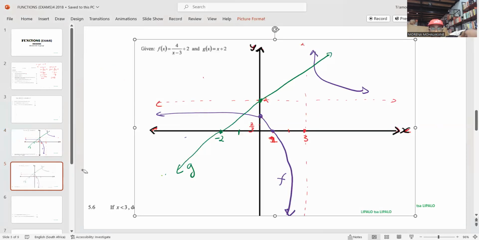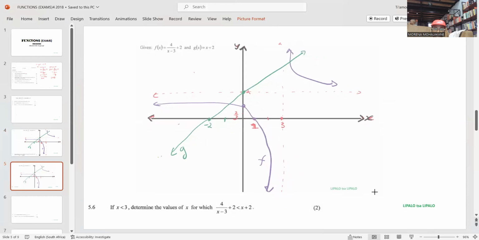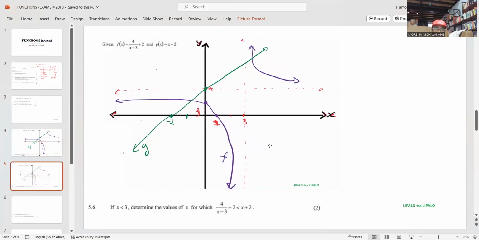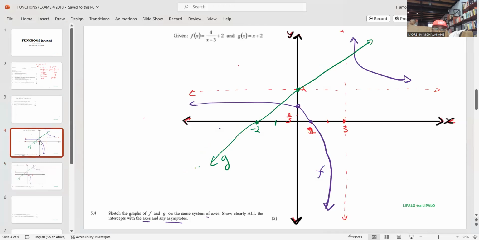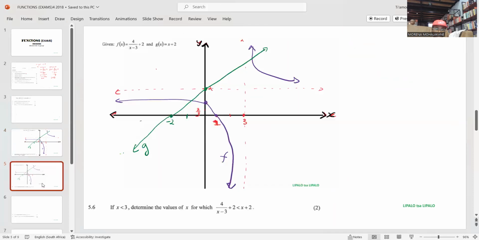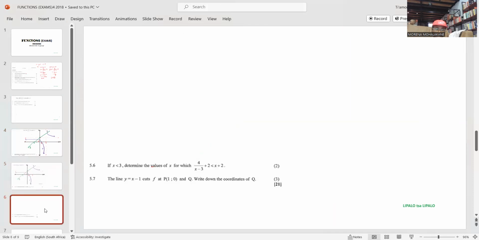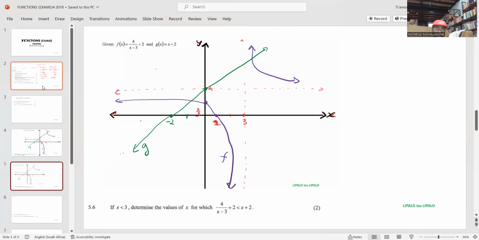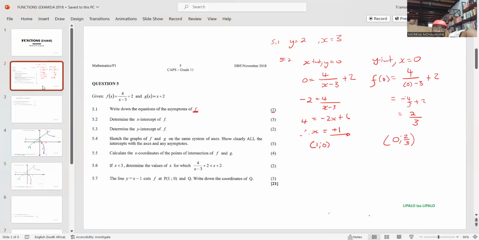So the next question is 5.5. The next question is to calculate the points of intersection.